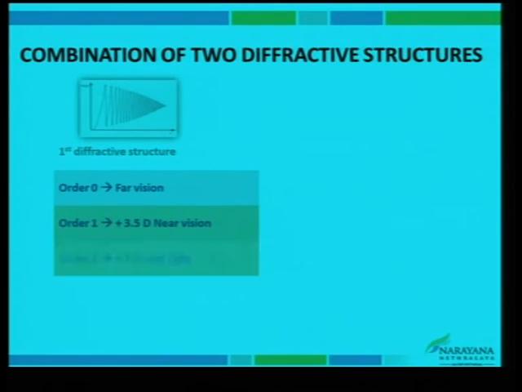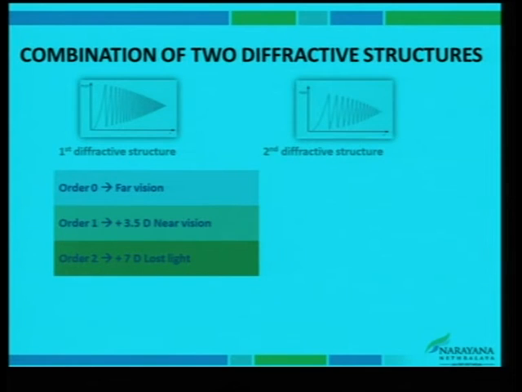So how does this work? The first order structure is the 3.5 near vision add; zero goes for far vision, the first order goes for the 3.5 near vision. Additional beyond that is lost light, halos, or contrast loss. The second diffractive structure contributes to far vision.